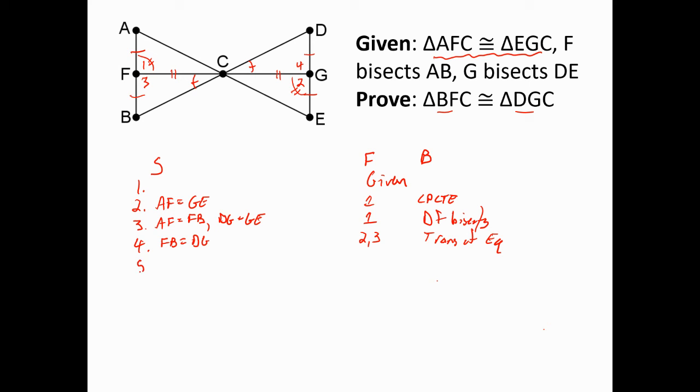And what else did we need to say? Oh, we also wanted to say that FC was equal to GC, and that follows from the congruence that we were given. Okay, so that's CPCTE. Oh, and remember we said as well that the measure of angle 1 is equal to the measure of angle 2. That also followed by CPCTE.